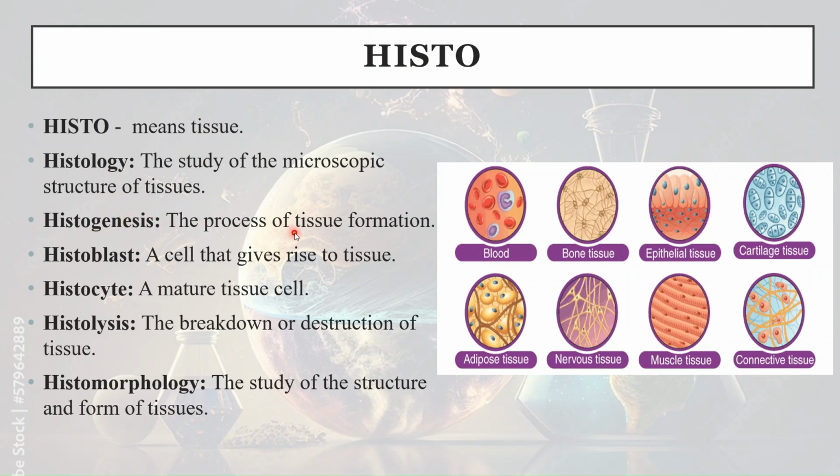So the process of tissue formation over a long duration is called histogenesis. Lysis, we already saw, means breakdown, right? So histolysis is the breakdown or destruction of the tissue. I think lysis we will discuss in detail in the upcoming slides.